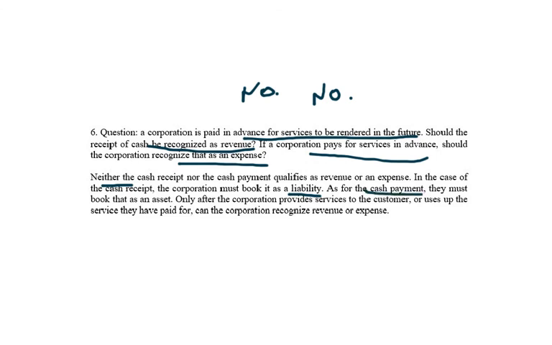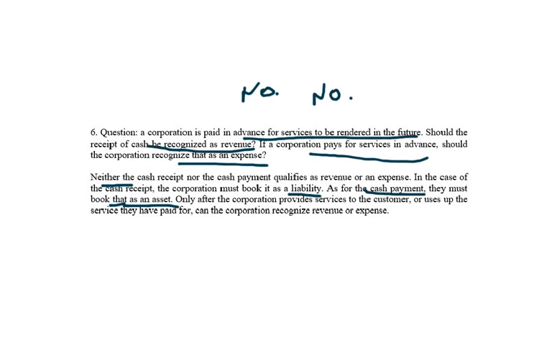Now, as for the cash payment, paying for services that have yet to be rendered to you, we're going to book that as an asset. In this case, specifically, we'll call that some sort of a prepaid. Like if you pay for insurance in advance, we'll call that prepaid insurance, rent in advance, prepaid rent, and so on. And again, what's the reality here?